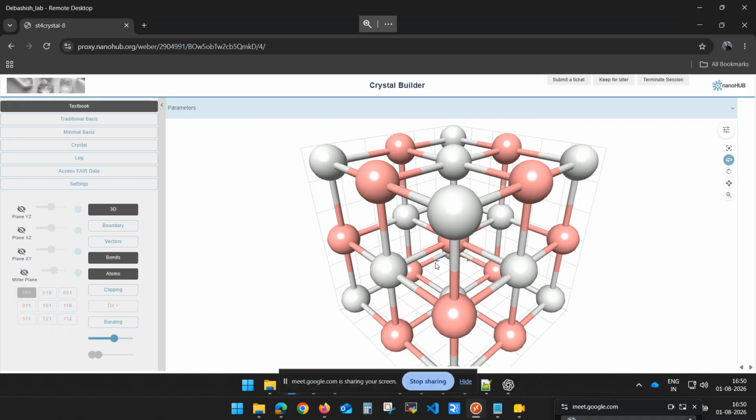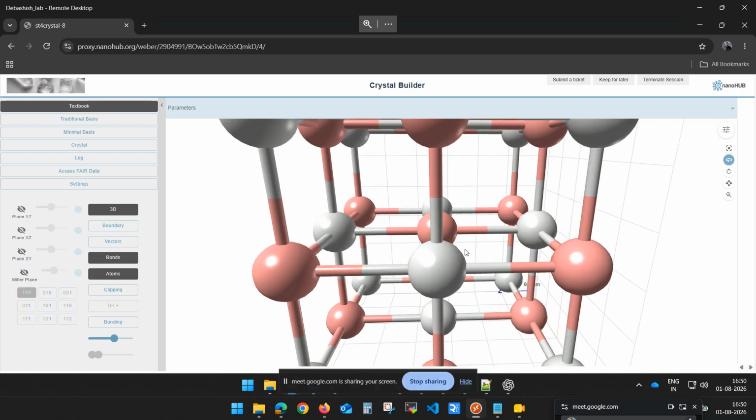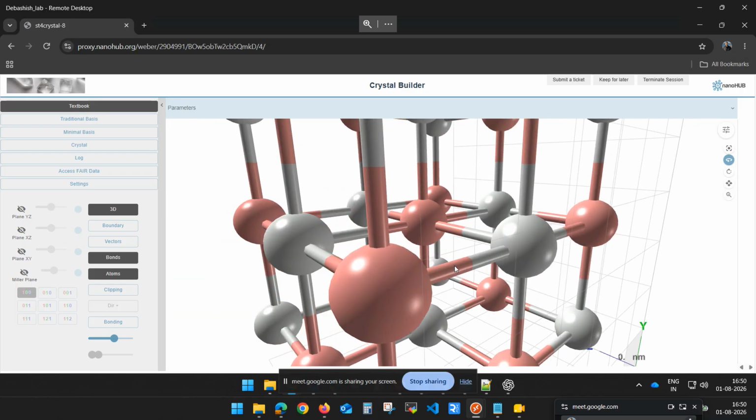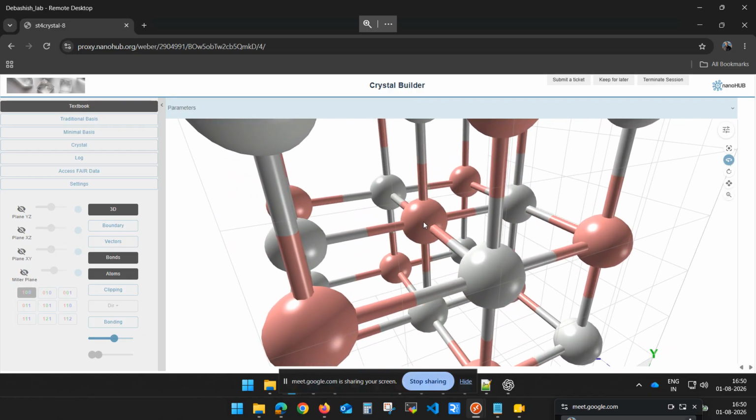Basically, if I take this cube, this inside one, this atom is shared by how many cubes? This particular atom. Can you count? 8. 8 cubes, right?